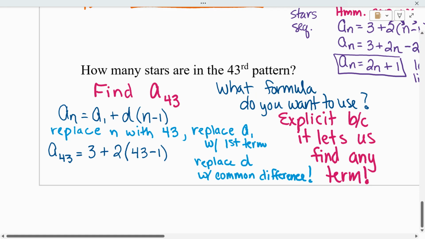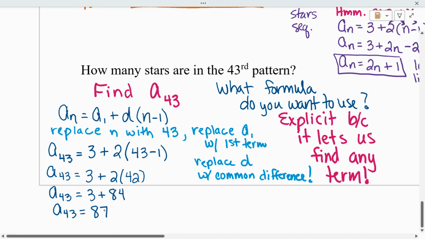What is 43 minus 1? It's 42. So a sub 43 equals 3 plus 2 times 42. So the 43rd term equals 3 plus 84. So our 43rd term is 87. Our 43rd term is the number 87.